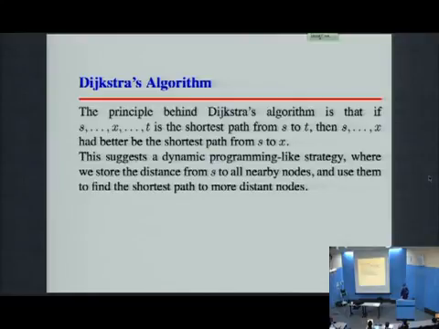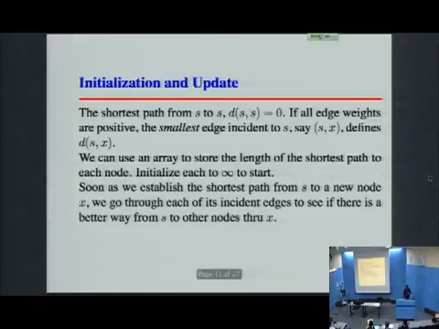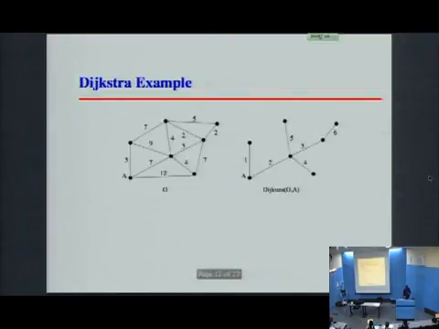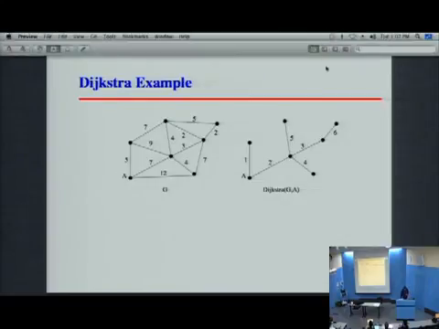So there are a couple of questions here. What do we mean by shortest path spanning tree?